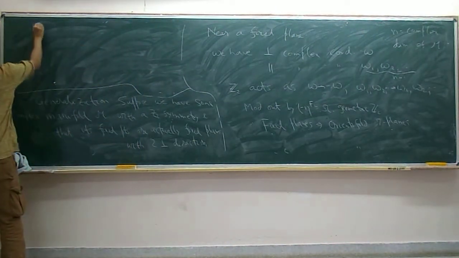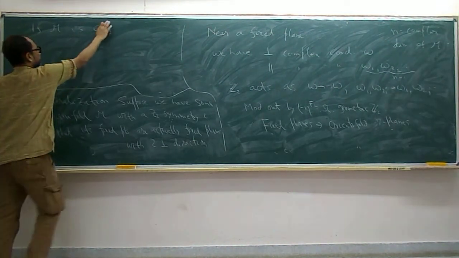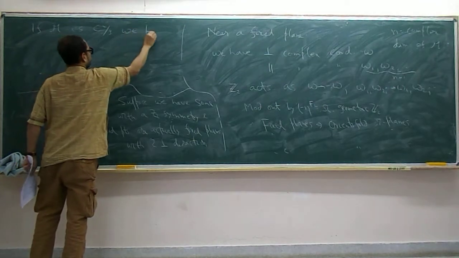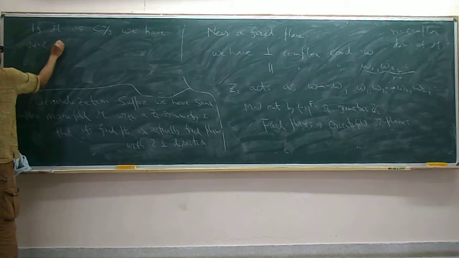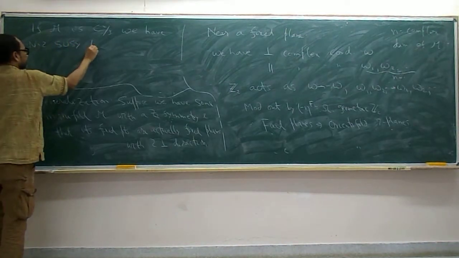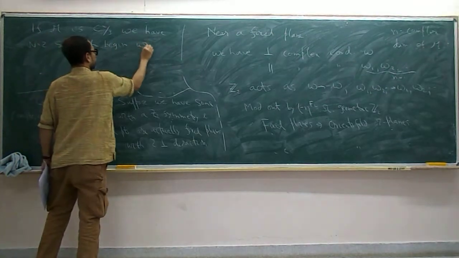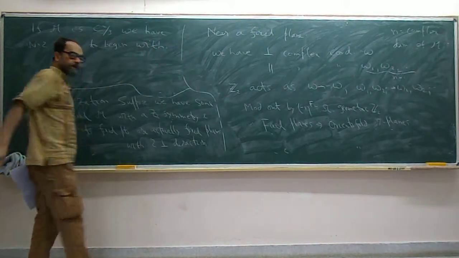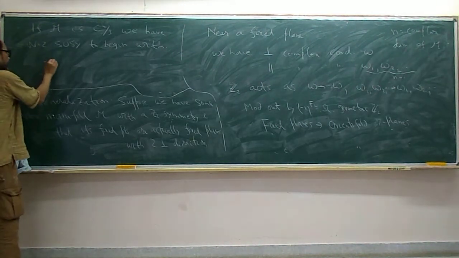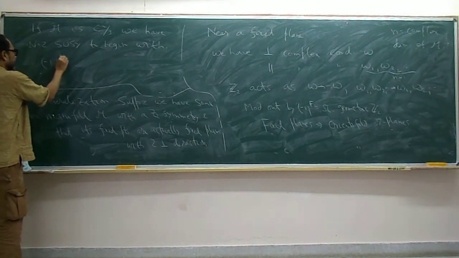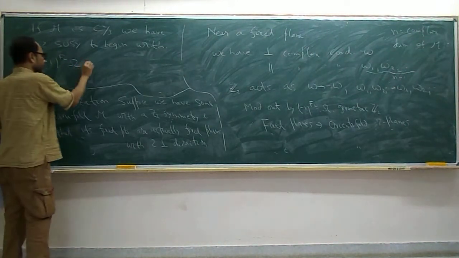If M is CY3, we have N equal to 2 to begin with. Then we mod out by minus 1 to the F L times omega times I2.